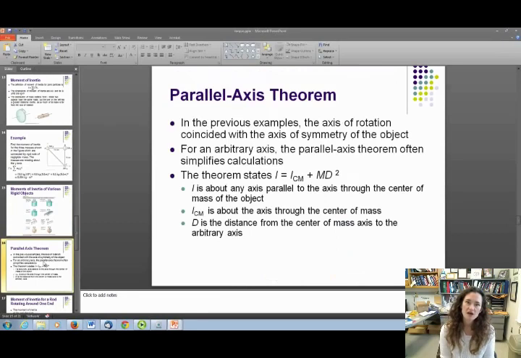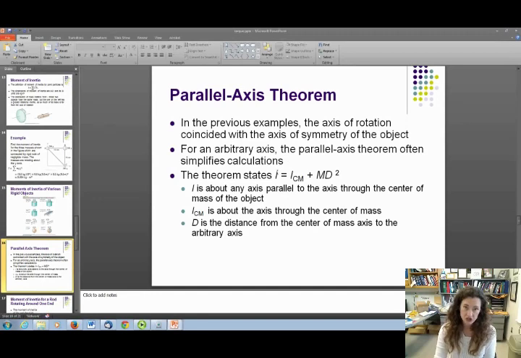Now, if you have an extended object, but the axis of rotation isn't exactly like what it says to do in this chart, then you probably will be able to use what's called the parallel axis theorem. Okay? In the previous examples, the axis of rotation coincided with the symmetry axis of the object. But for some arbitrary axis that's parallel to the symmetry axis, you can use this definition.